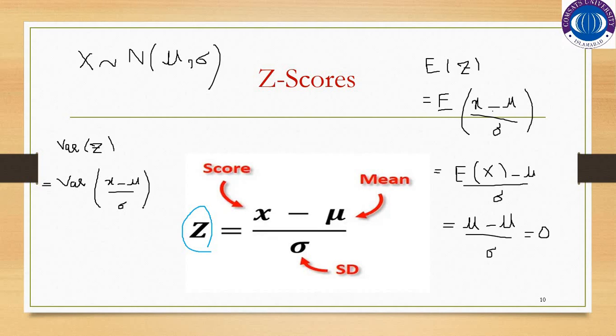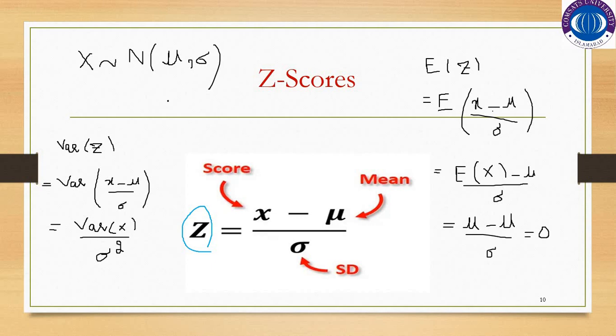As we have already studied the properties of variance in the chapter on measures of dispersion, applying them gives the variance of x over sigma square.